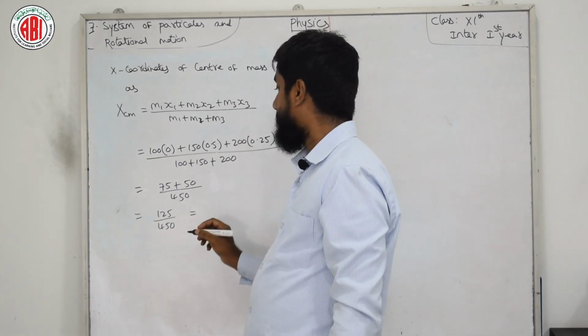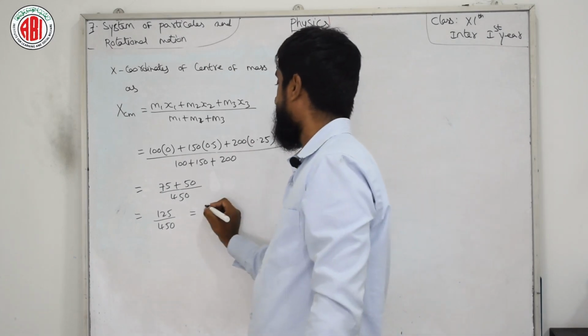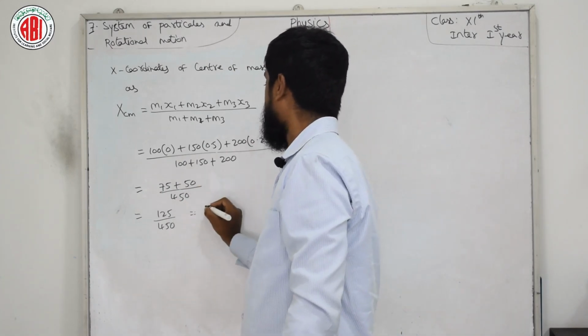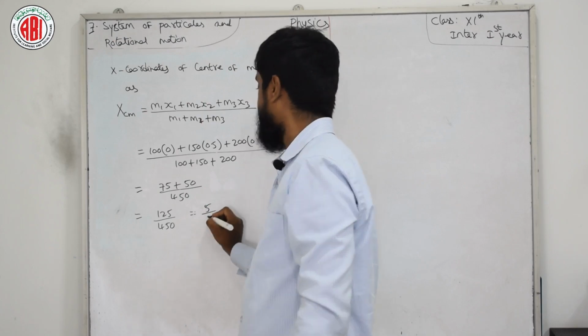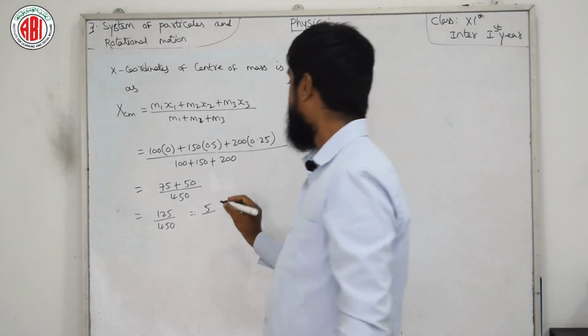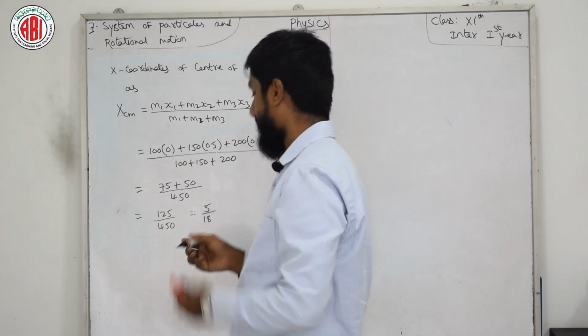Now I am cutting this with the 25 table. 25 fives are 125, and 25 eighteens are 450. How did I get this?